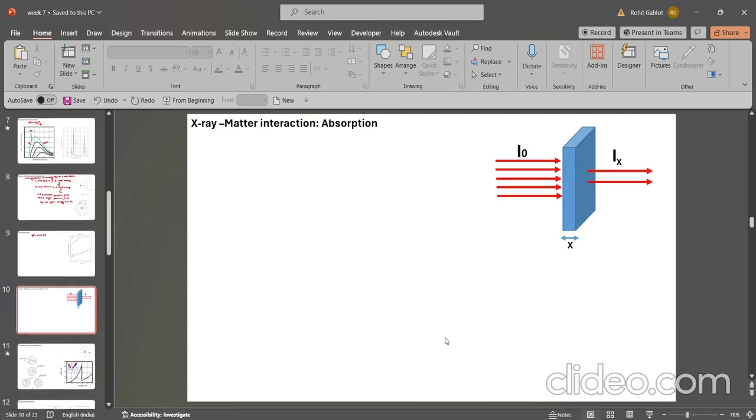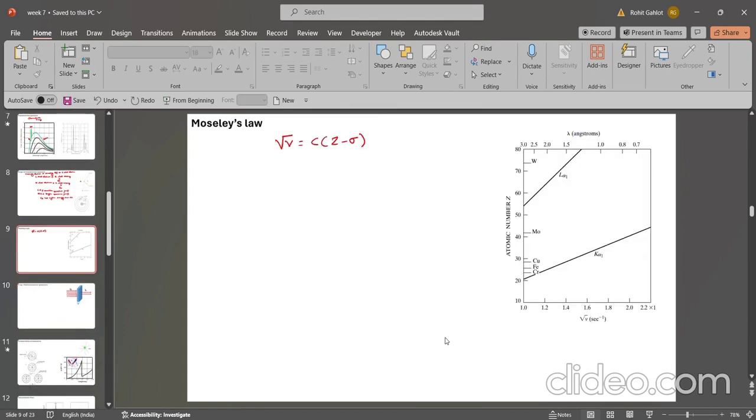So now comes Moseley's law. The Moseley law equation is given by this: root of nu is equal to C multiplying by (Z minus alpha). So the wavelength of any particular line decreases as the atomic number of your emitter is increased, from this relation.